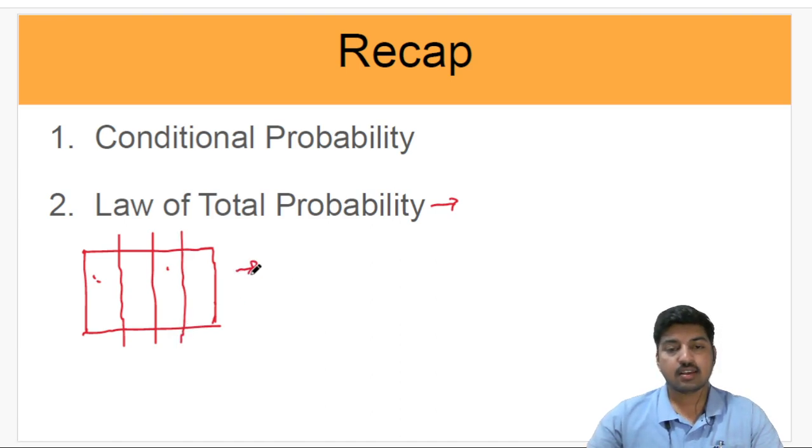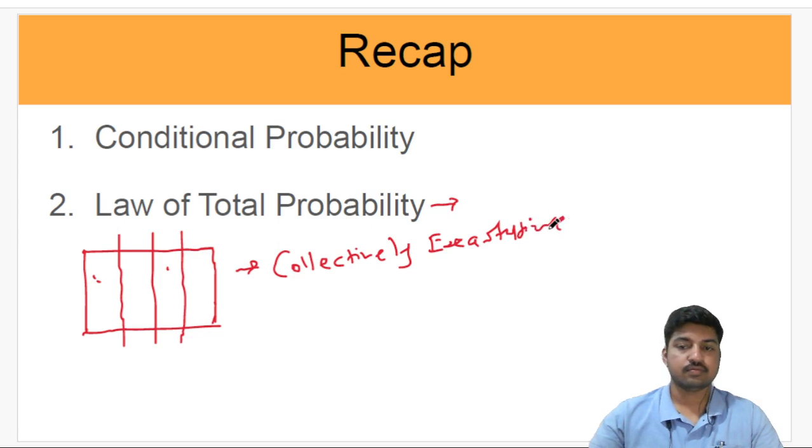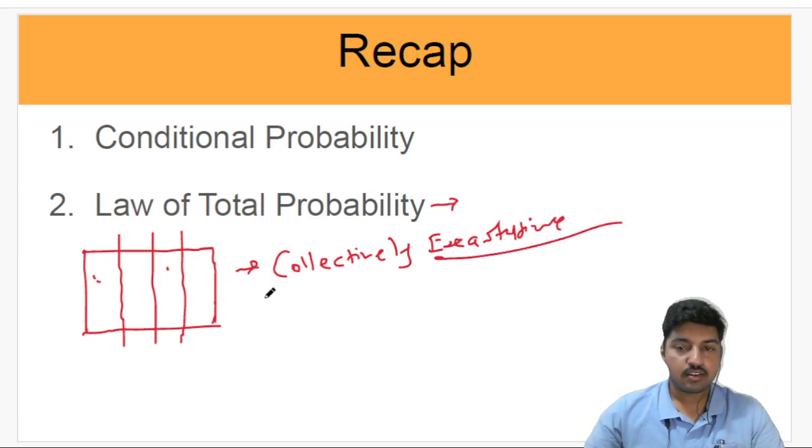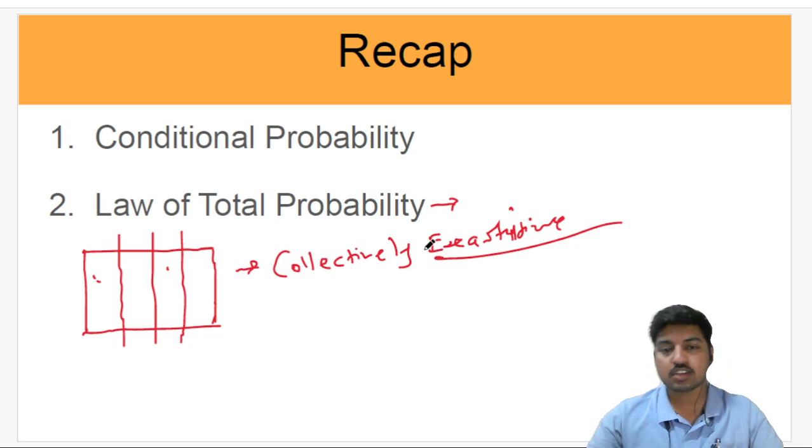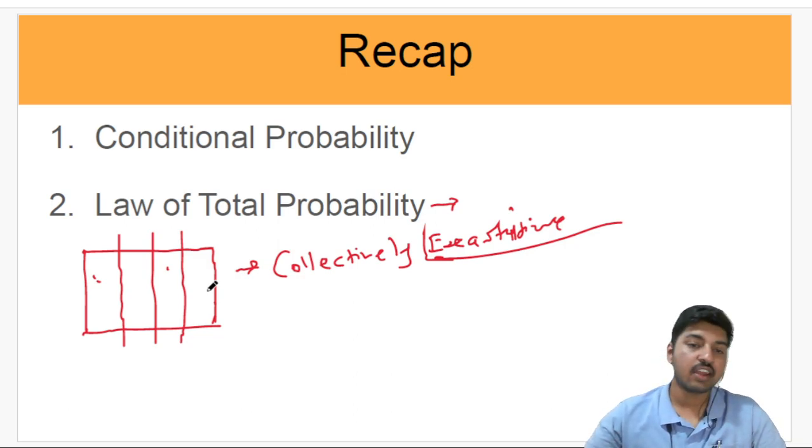And we said that they will be collectively exhaustive. Collectively exhaustive means it should finish. There can be 4, 5, 6 events, we don't know how many, but it should be finite. It should not be infinite events.